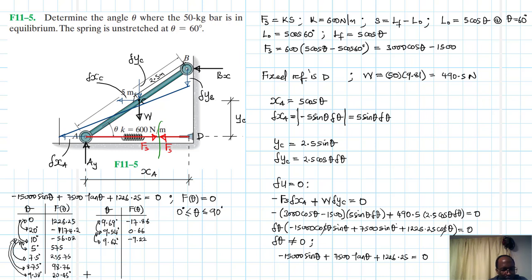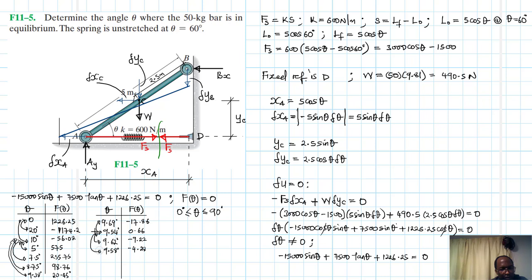9.54 plus 9.62 divided by 2, that's 9.58 degrees. What do we get? So we have minus 15,000 sine 9.58 plus 7,500 tan 9.58 plus 1226.25. So we have a minus 4.28.